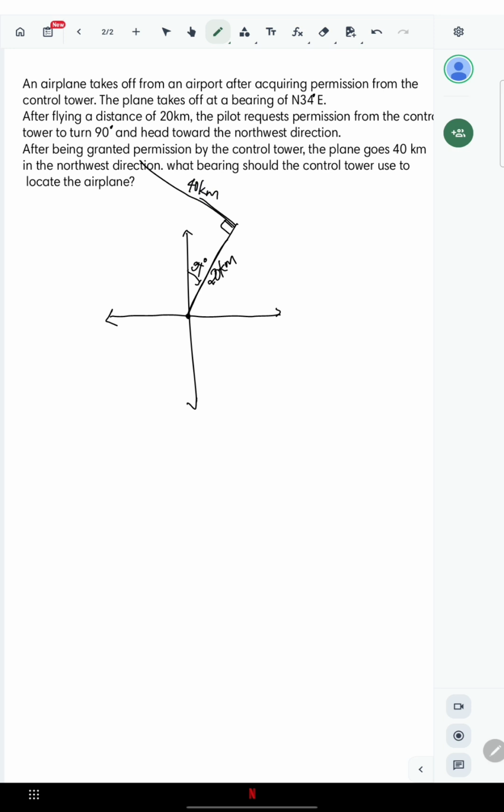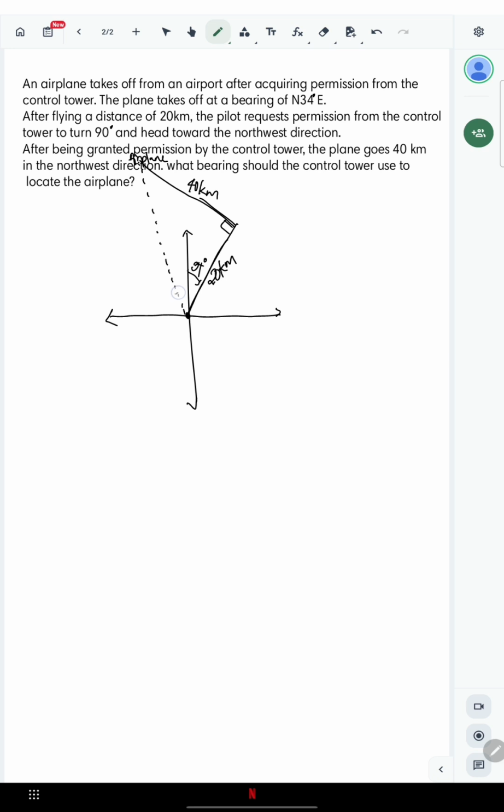Then, from there, nandito na yung airplane natin. So, for us to be able to locate that one from the airport, what bearing are we going to use? So, ibig sabihin from this part, nandito yan. So, we need to locate that one.